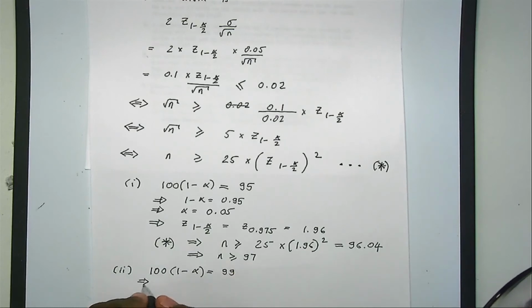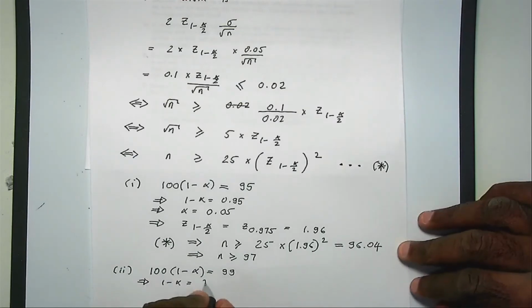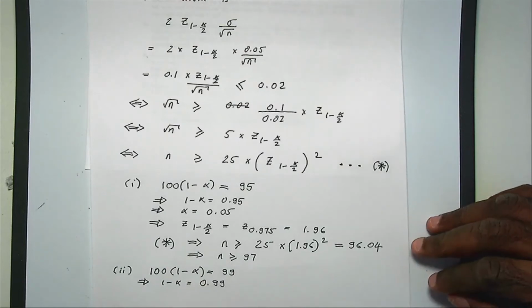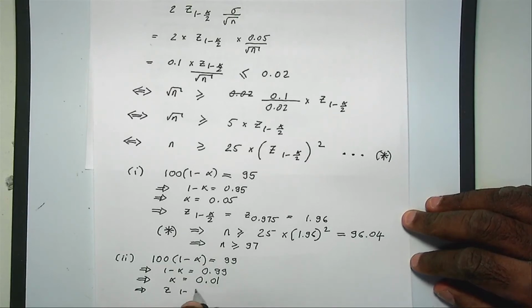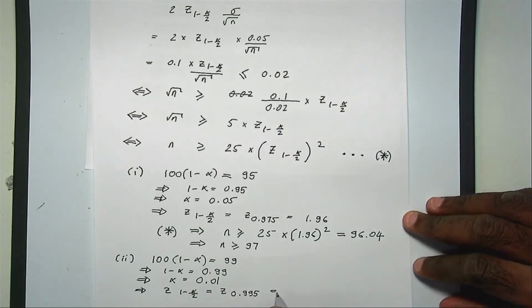So this implies that your Z 1 minus alpha by 2 will be Z 0.995, which is approximately, I think, 2.58, right?